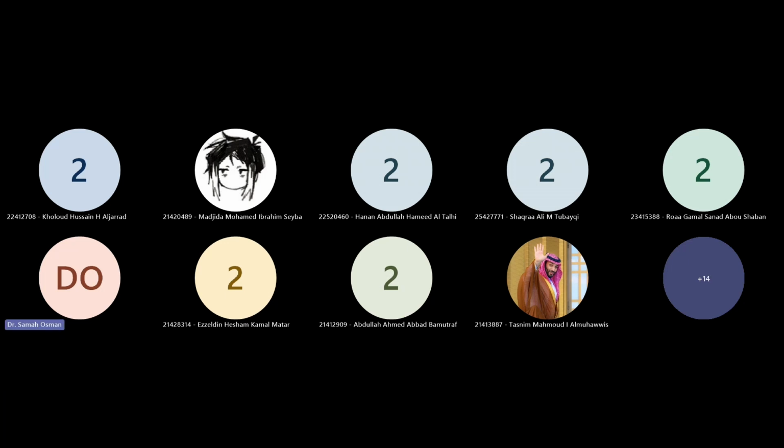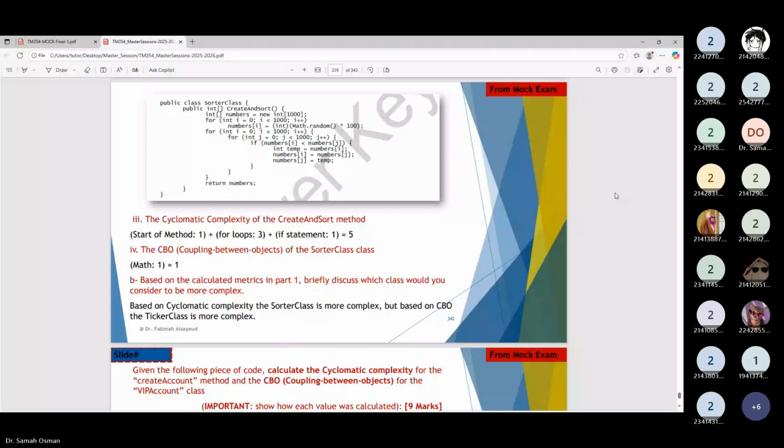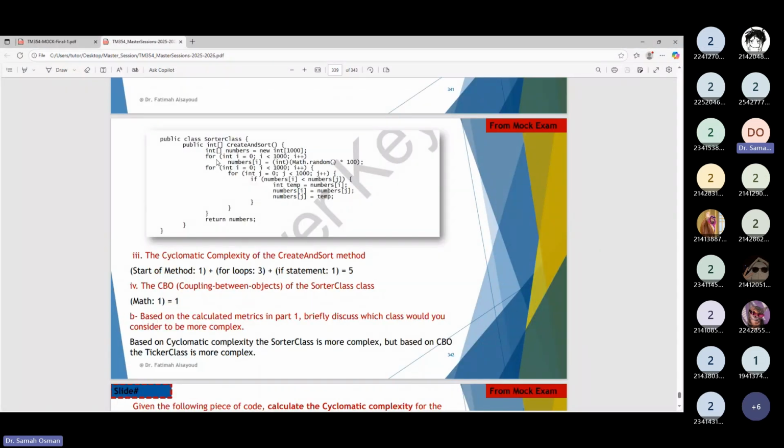Here. You see here, he says because he has 1, 2, 3 loops. He didn't say for loop 1. He says simply for loop, I have 3 for loops.